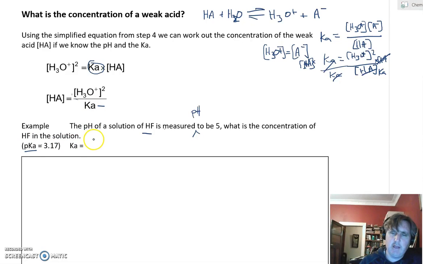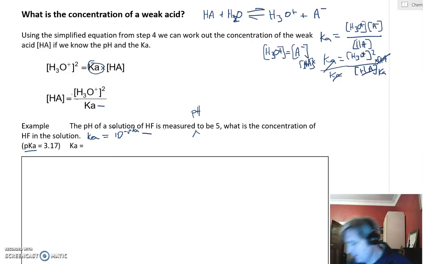Now, to change pKa to Ka, we need to do exactly what we do to change pH to H3O plus. So Ka equals 10 to the negative pKa. So we've got to put this into our calculator.